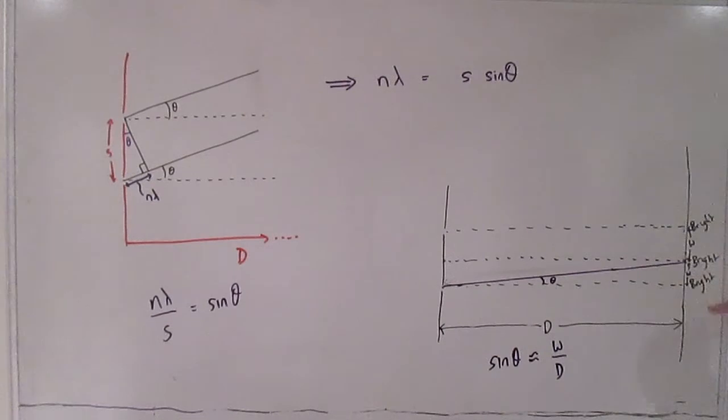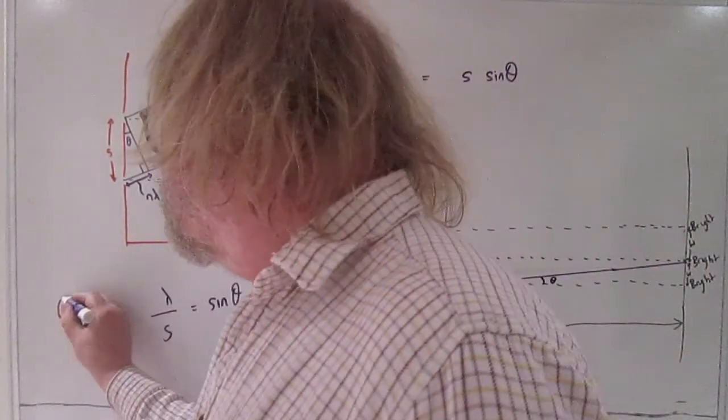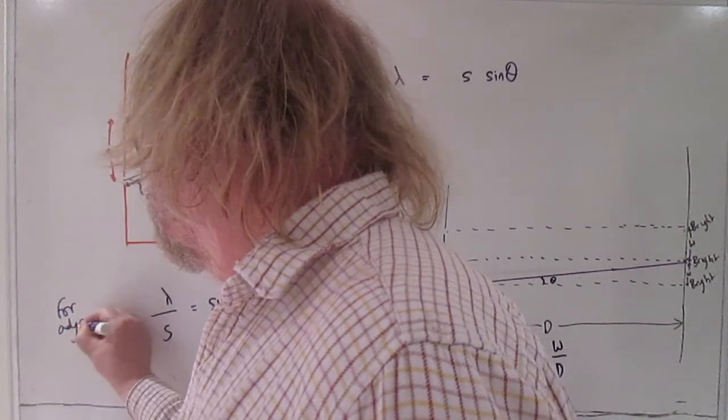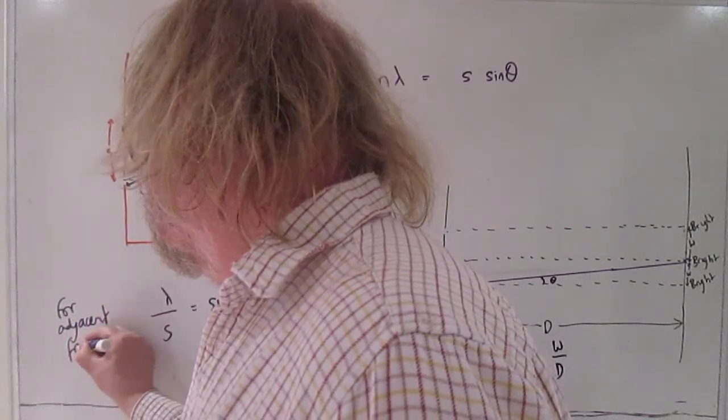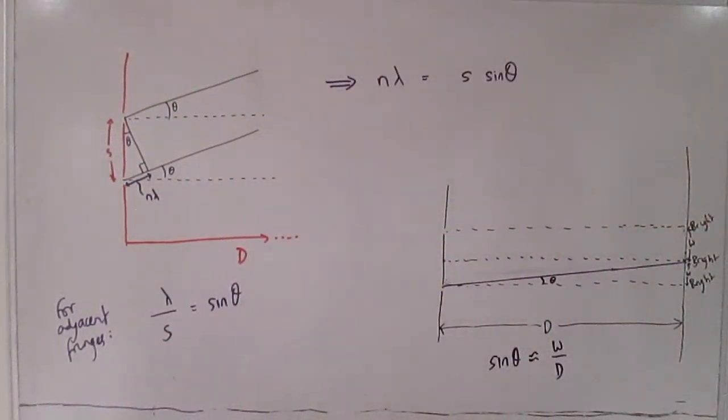But remember that the way we were thinking about it here, we were thinking about the difference between the central peak and the next one, in other words, between two adjacent fringes. And so the difference in path length is just one wavelength if they're adjacent bright fringes, and so n is 1. So for adjacent fringes, lambda over s is equal to sine theta.